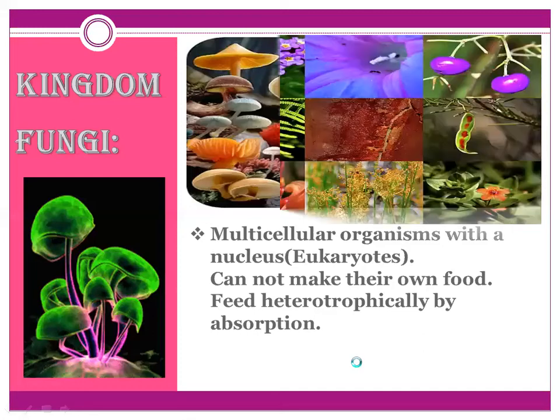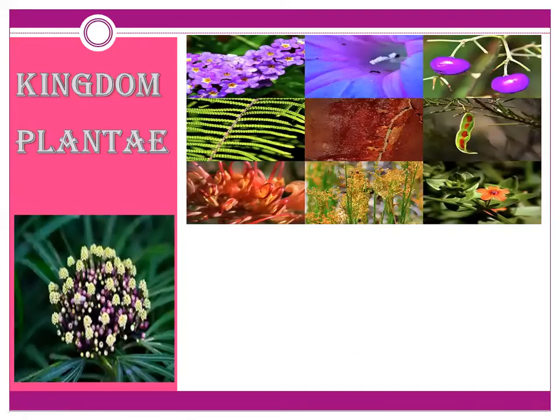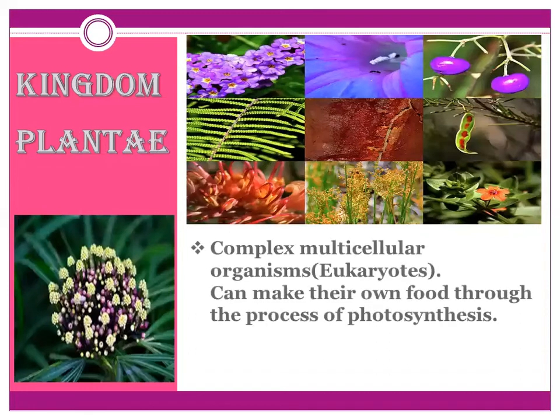And the fourth one is the kingdom Plantae. In kingdom Plantae, all the living organisms are complex multicellular organisms, and they are eukaryotes, and they can make their own food through the process of photosynthesis. They also have a cell wall.